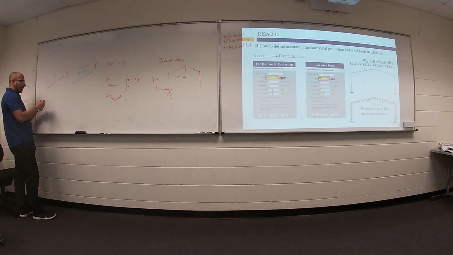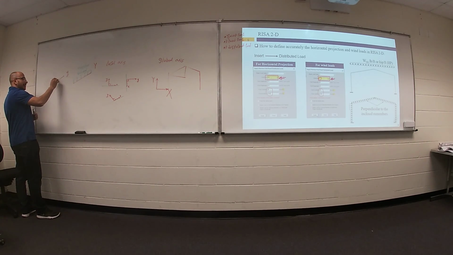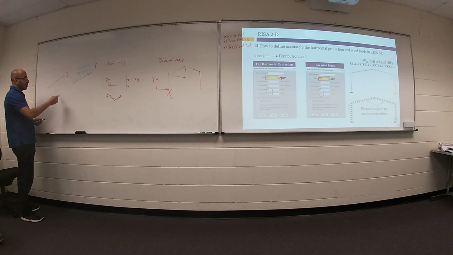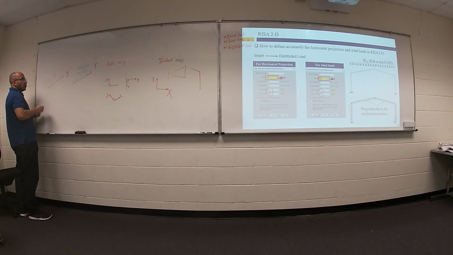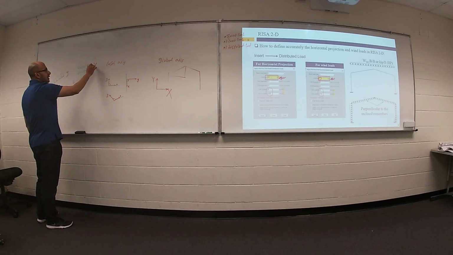Your local axis for this member, small x, something like this. Your small y, something like this. So if you apply your direction in y, your distributed load will be perpendicular to your member.